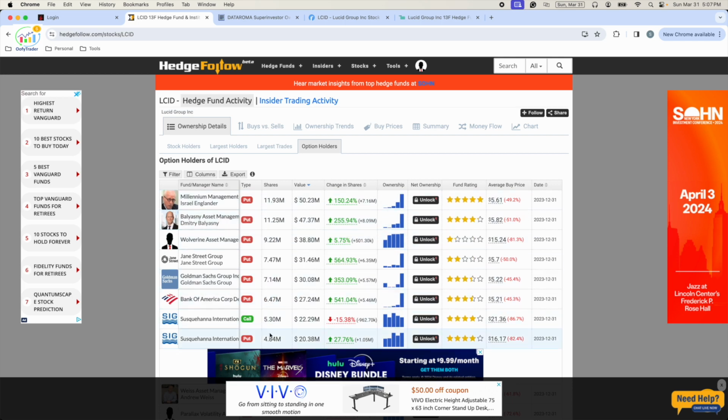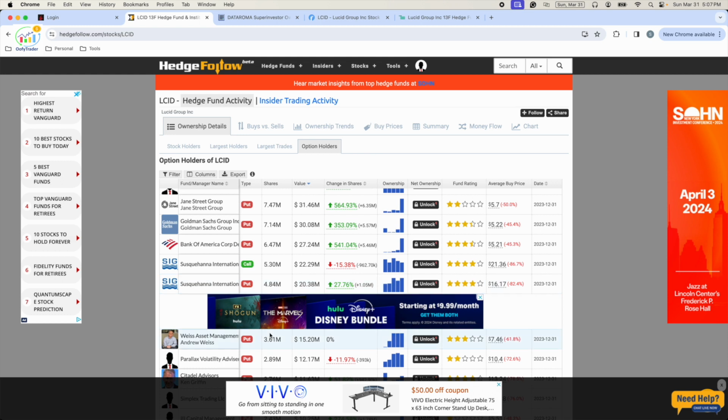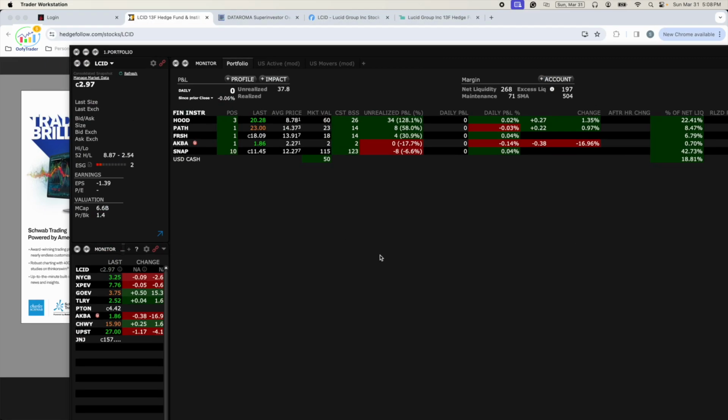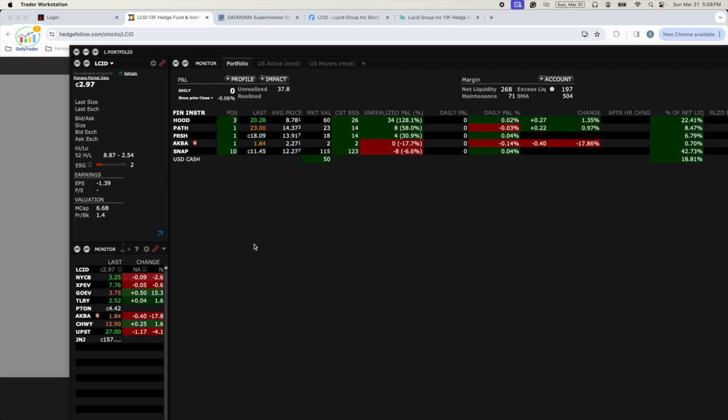So these 3 things give a lot of information, and I set up my positions like this. I never trade on this platform. I use the Thinkorswim platform. Sometimes I put one here just to track and understand what's going on.